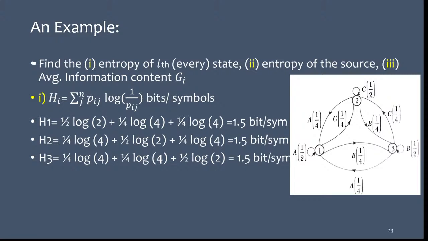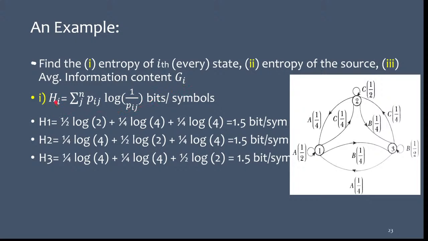So now we'll see an example how to find out the entropy of the source and average information content Gi. So i indicates how many symbols you want to study. For example, maybe one symbol or two symbols and so on.